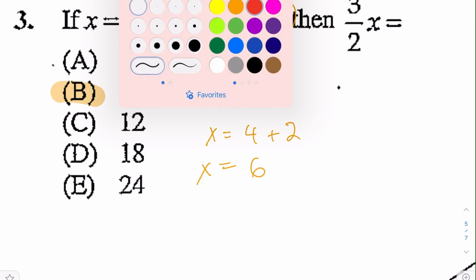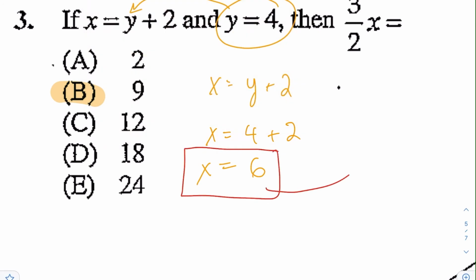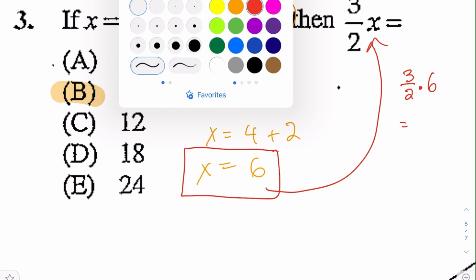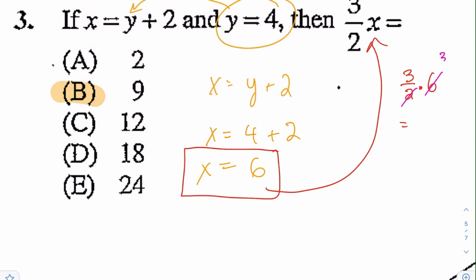Once you know that x is equal to 6, you can substitute that into 3 halves of x. So 3 halves times 6, when you cross simplify, is 3 times 3. You can also put 6 over a denominator of 1. So 3 times 3 is equal to 9, and that's choice B.